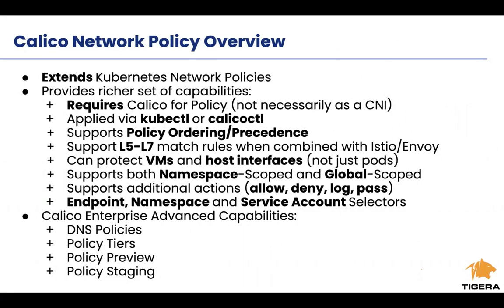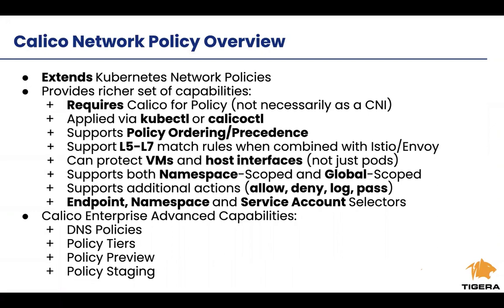Calico network policy is a superset of standard Kubernetes network policy. It extends the capabilities provided in the Kubernetes network policy specification. With Calico policies you have the ability to manage some additional metadata, some additional fields that allow you to order those policies, to provide L5 to L7 match rules combined with integration with Istio Envoy.